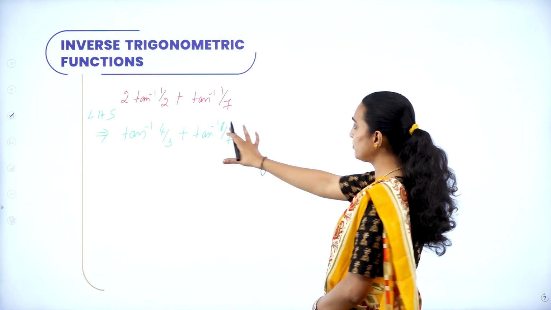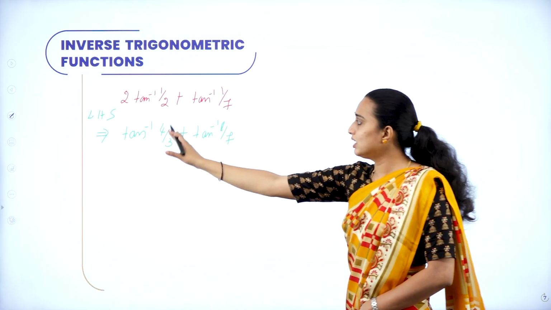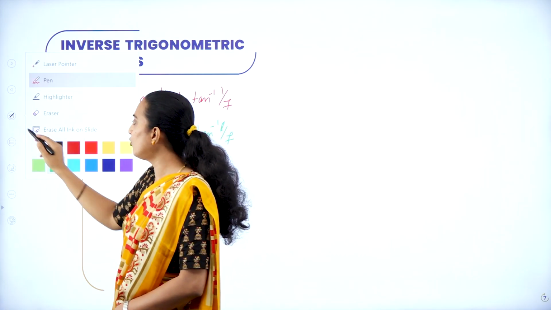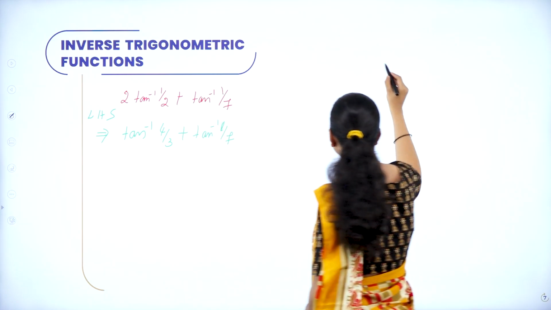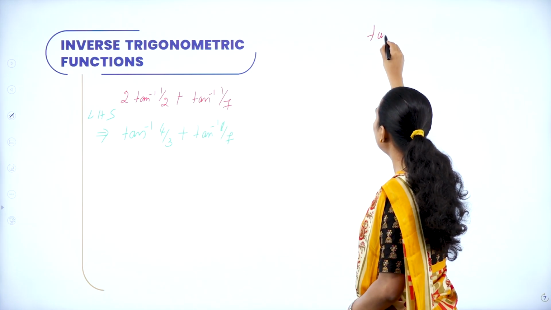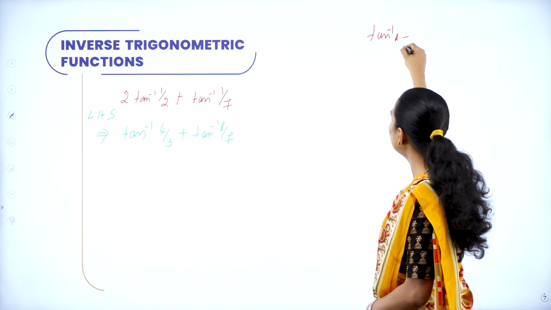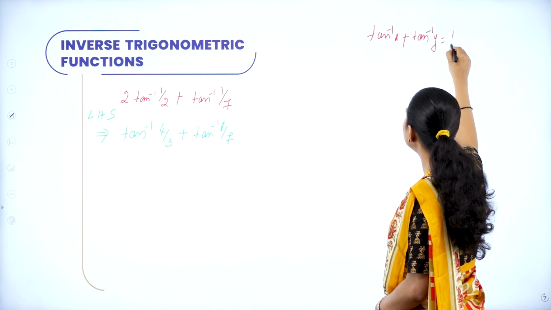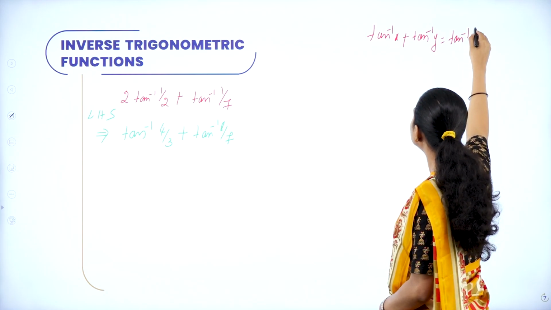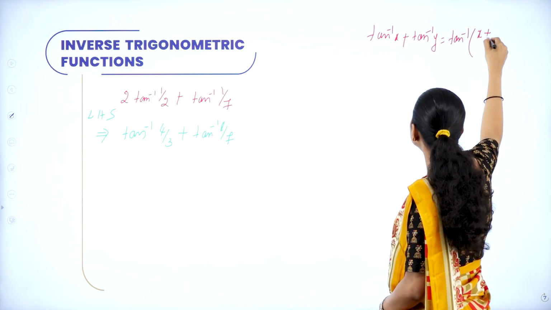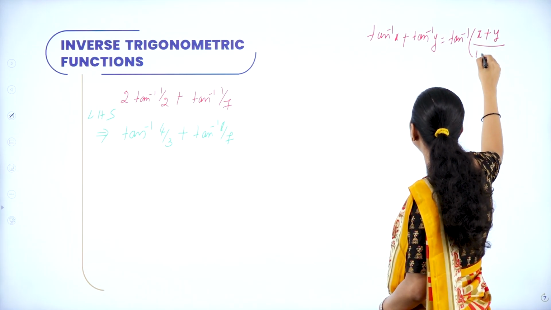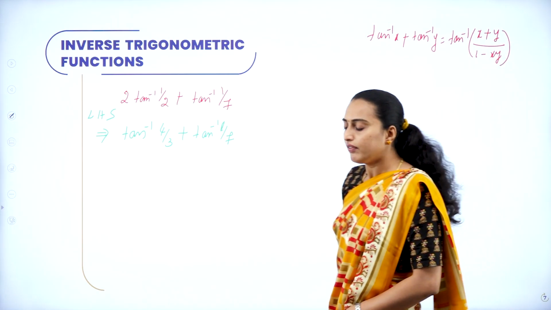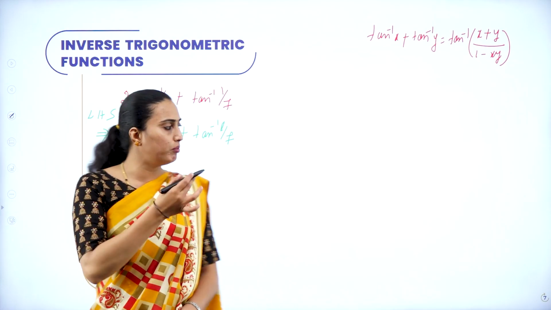See, this is looking like tan inverse x plus tan inverse y. So therefore, I am going to write that formula here. What is that? Tan inverse x plus tan inverse y, just now we have proved, is equal to tan inverse of x plus y divided by 1 minus x into y. Are you getting this one? Therefore, you are going to use that formula here.